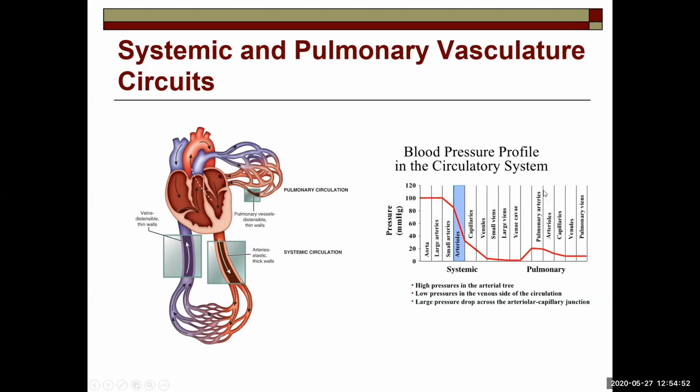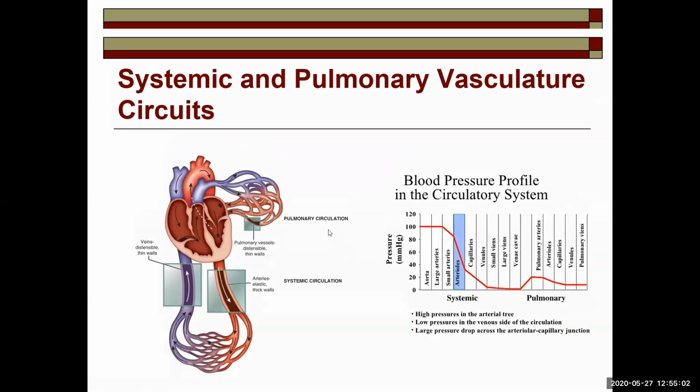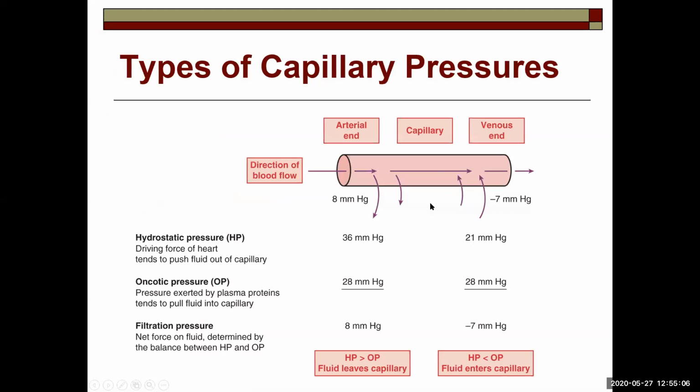And these are the pulmonary arteries right there with a little bit of pressure in them. This graph shows you how much pressure we have within these different blood vessels. You also need to understand the pressures within the blood vessel: what is a hydrostatic pressure, what is an oncotic pressure, and what is the filtration pressure.